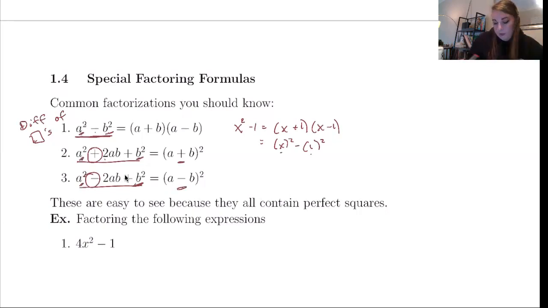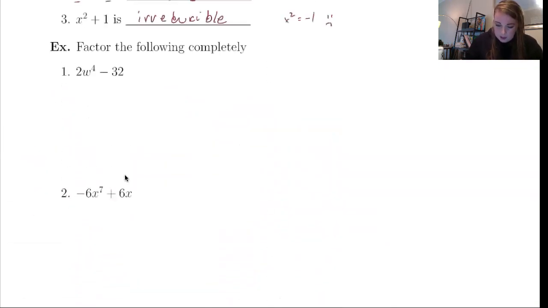All right. So let's go back up to this first example, 2w to the fourth minus 32. First, before using this rule, I'm going to pull out my greatest common factor, which is just 2 in this case. So I'm left with w to the fourth minus 16. Okay.